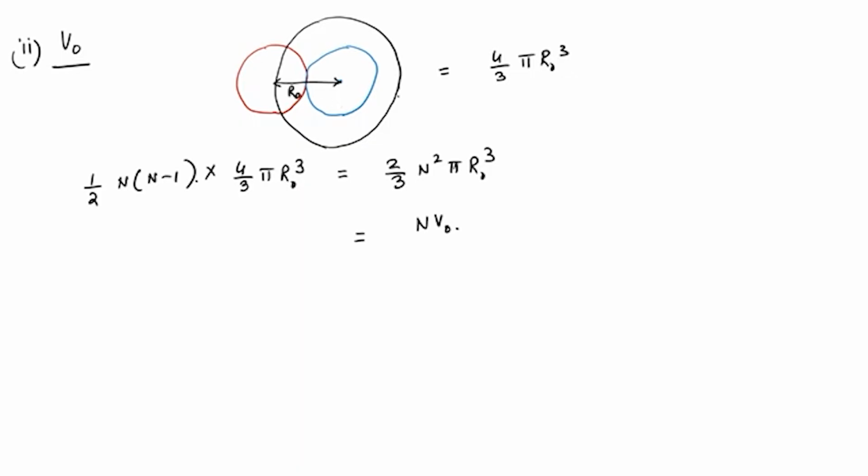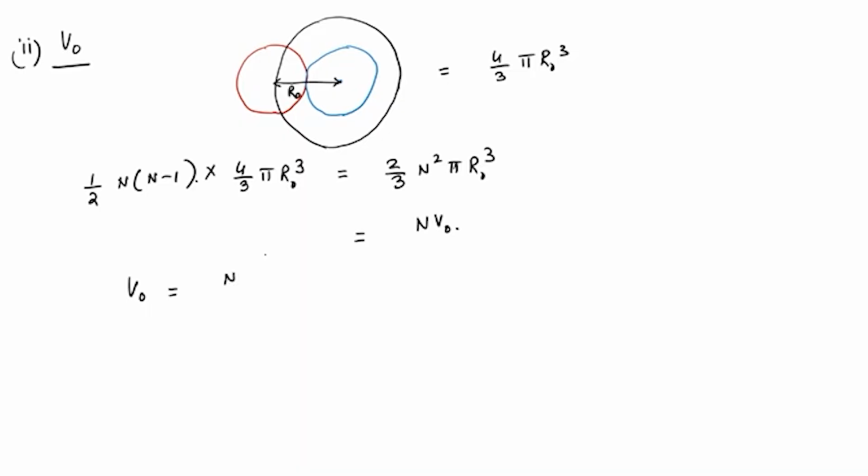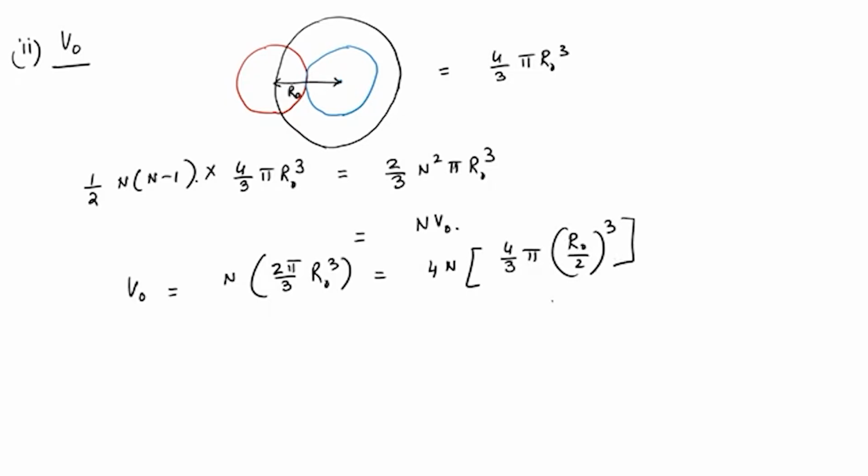No other molecule can get inside this volume, because each molecule has a certain volume. So, that is given by this N into V 0, and that has to be excluded. So, one can calculate V 0 equal to N into 2 pi over 3 r 0 whole cube, and this is equal to 4 N into 4/3 pi, r 0 by 2 whole cube, and this is called the molecular volume.